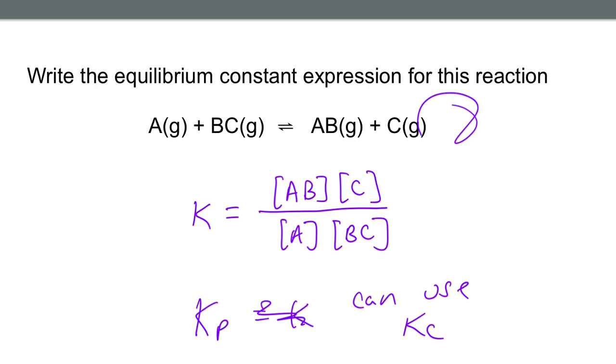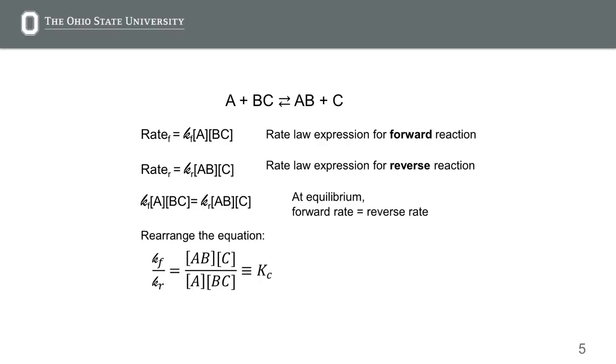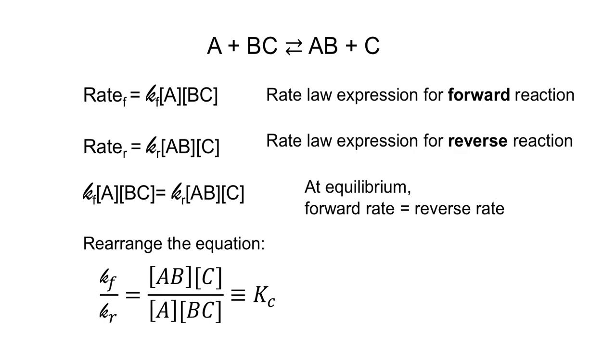In general, in this example I'm just writing K, so that we get good practice setting up concentrations of products over reactants. Because we have stoichiometric coefficients of 1. Yep. Good. Anything else? I thought we had to do K sub P because they were gases.